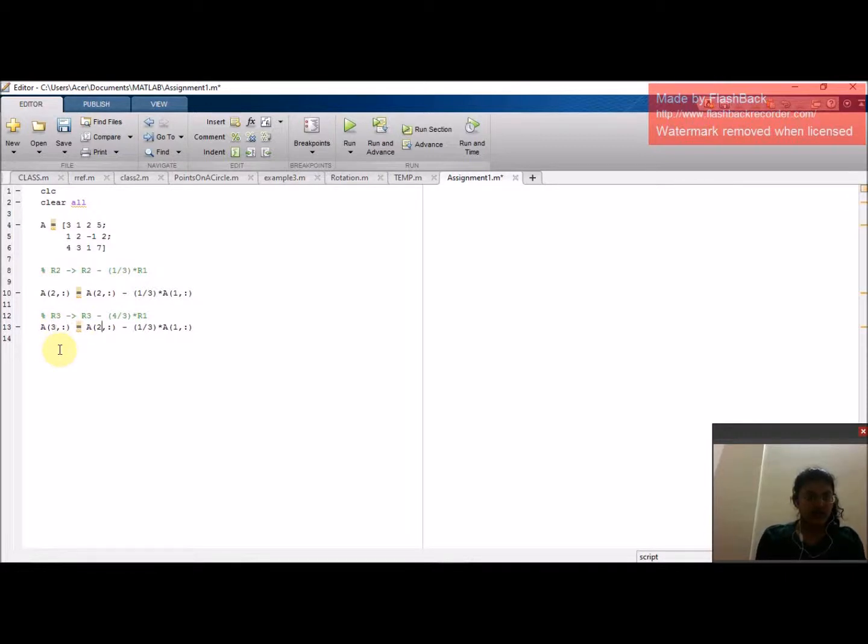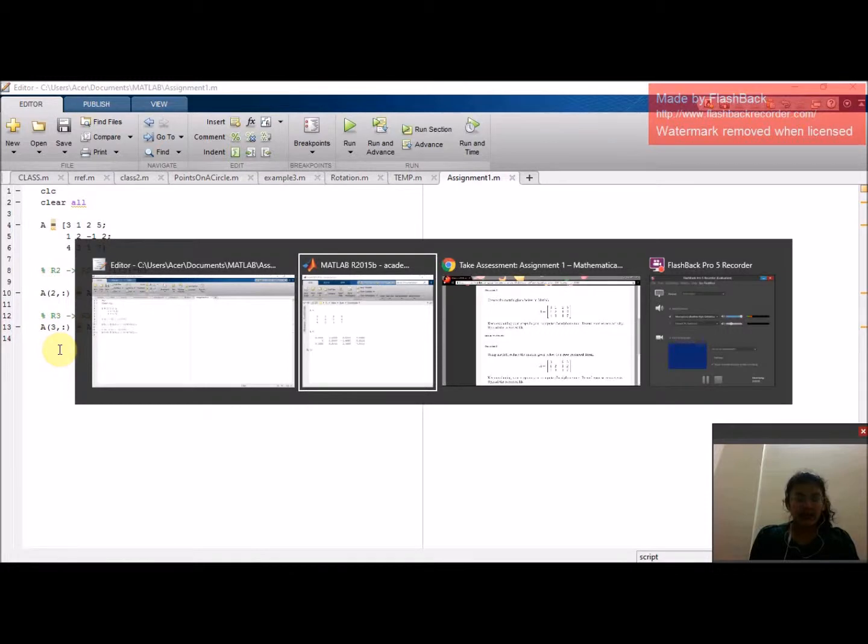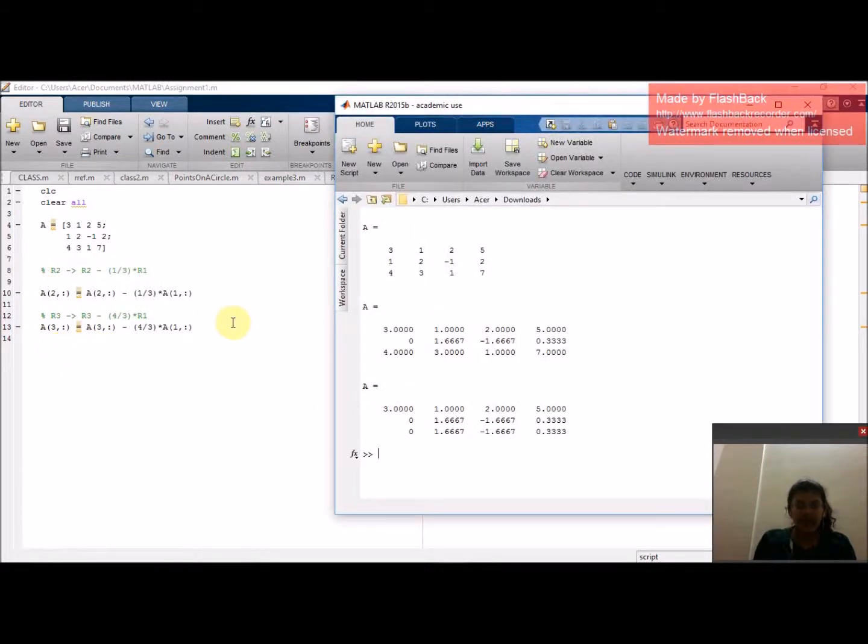Row 3, that is, minus 4/3 of row 1. So if we run that, we see that both entries below 3 of the first column become 0.